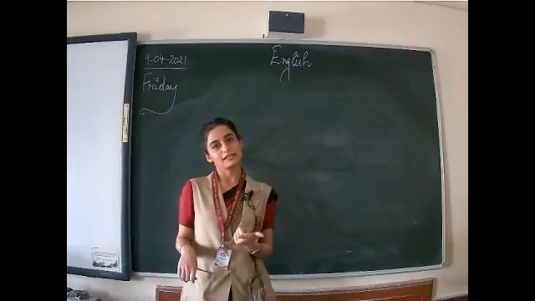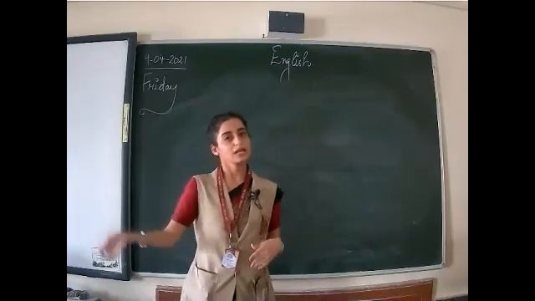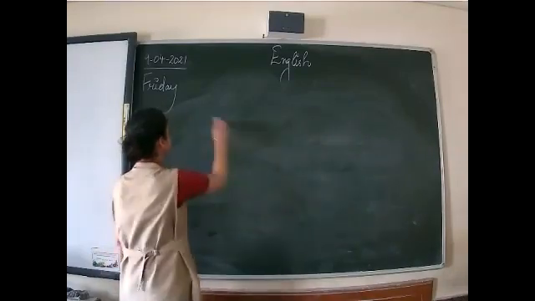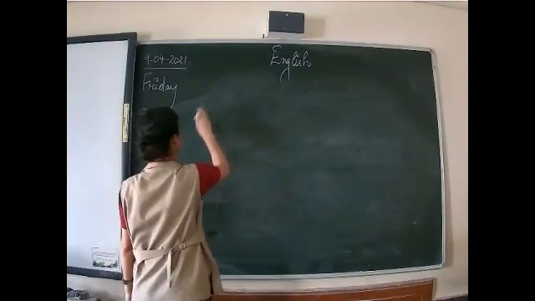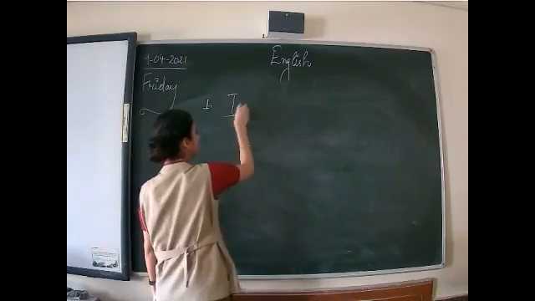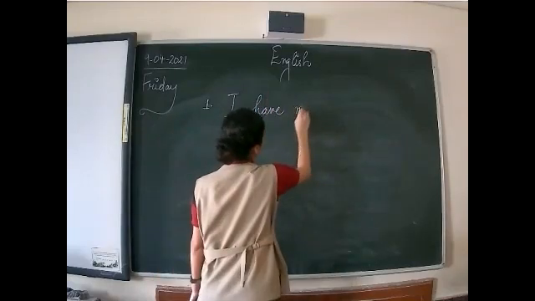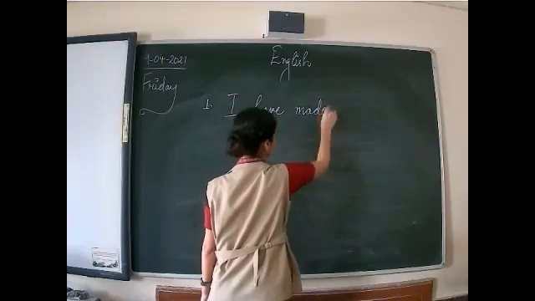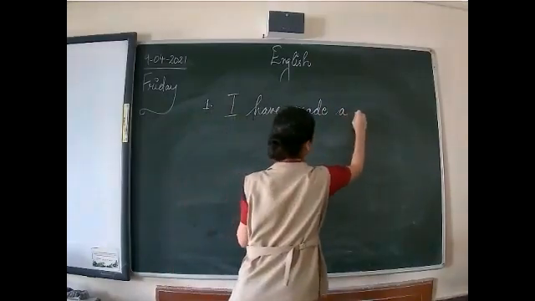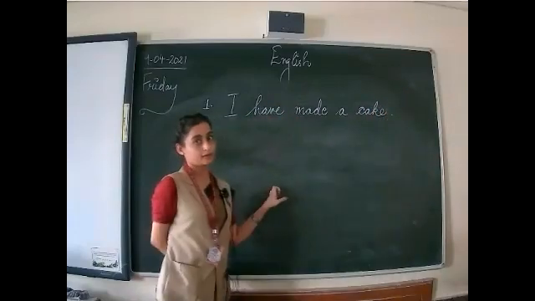You have to divide those sentences into two, in the subject category and in the predicate category. I have made a cake.